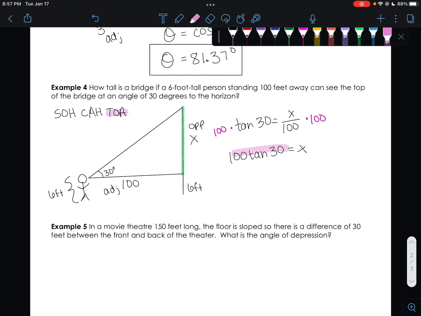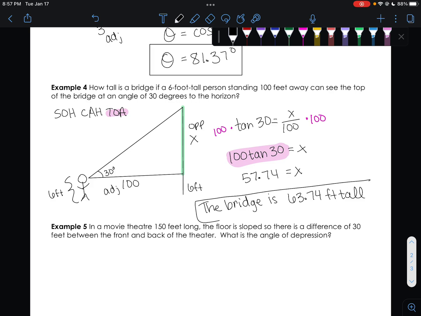Go ahead and type this into your calculator and see if you get the same answer as me. That should give you 57.74 equals x. But the height of the bridge, if I add 6 feet to that, is going to be 63.74 feet tall. And that would be my final answer because we wanted to know the actual height of the bridge.